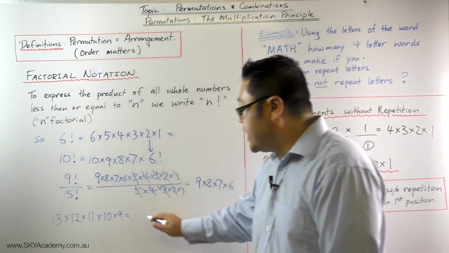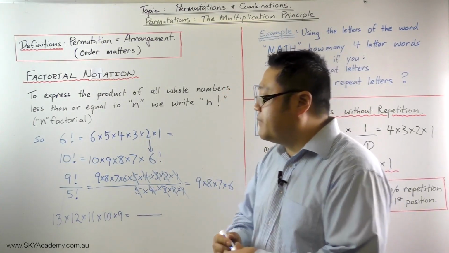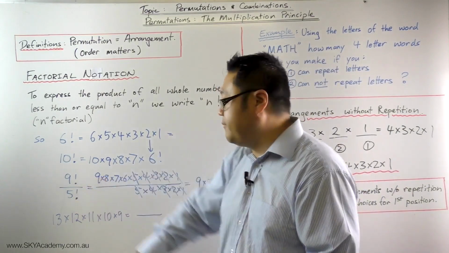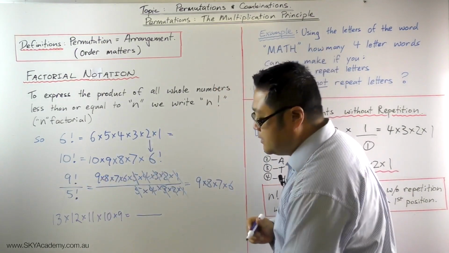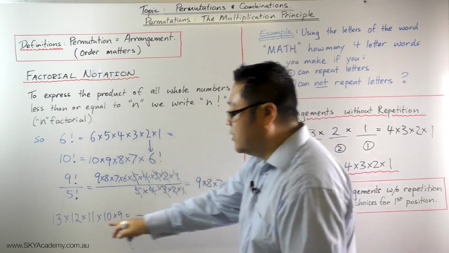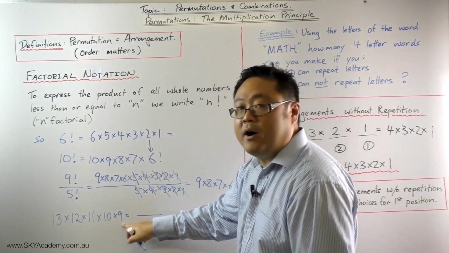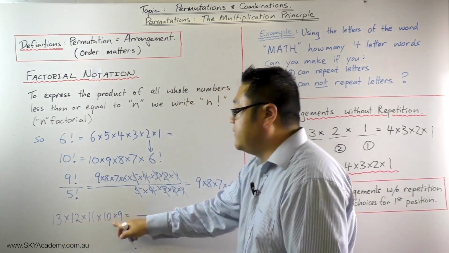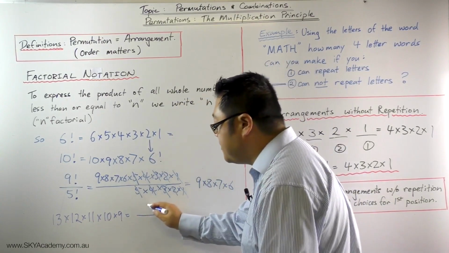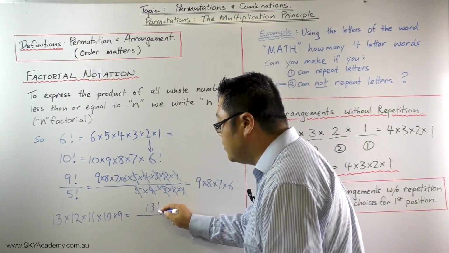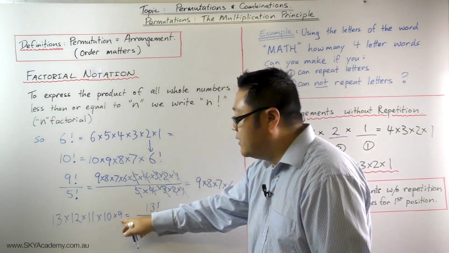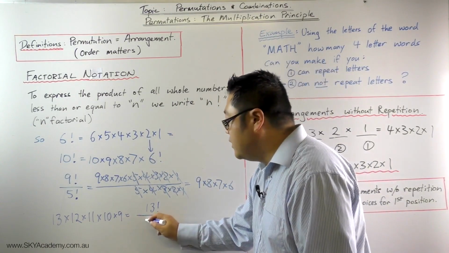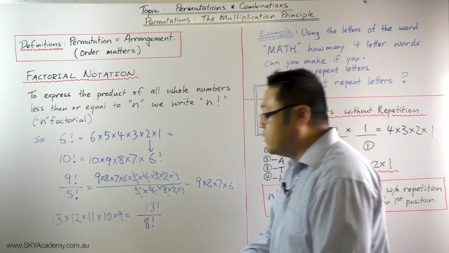In factorial notation, it's going to be something very similar to what we've got here. What I want you to notice is that 13 times 12 times 11 times 10 times 9 will be 13 factorial all the way down to the number just before 9, which is 8 factorial, okay?